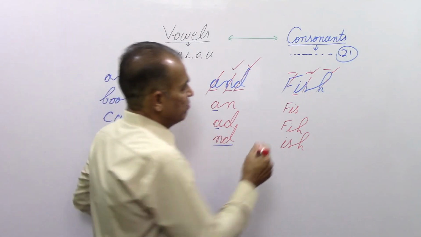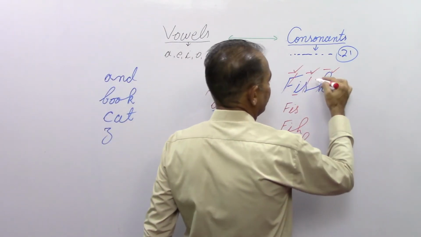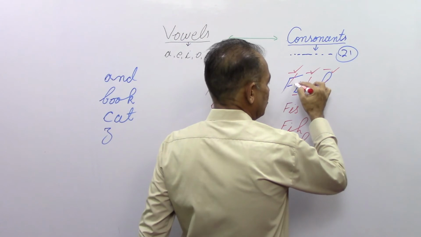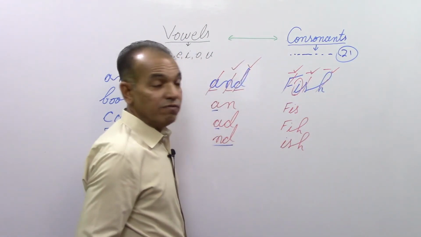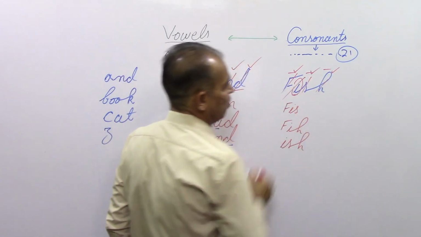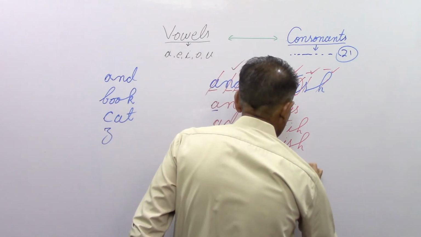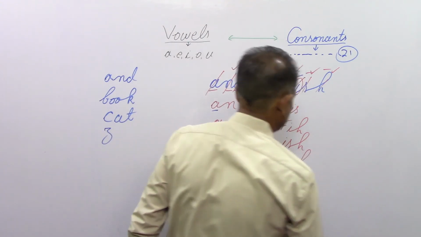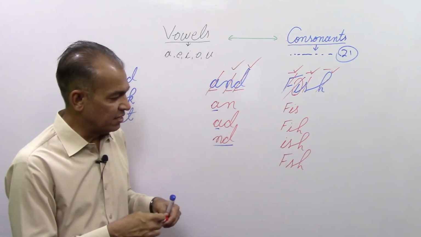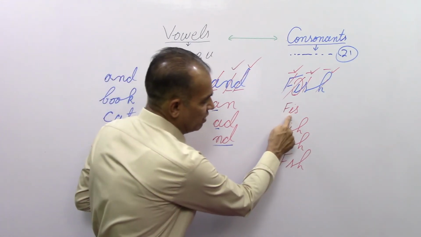Now what we do, we leave F and S and H, and we remove I, which is a vowel. Means now F, S and H. Now we don't have any vowel here in the third. Here we had a vowel, fish.